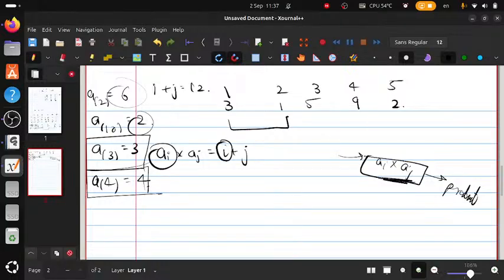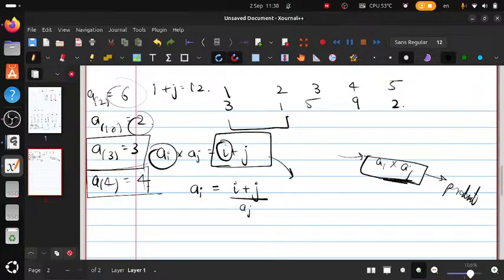Now, is it possible that ai is equal to i plus j divided by aj, right? And let's say I know the sum, okay?